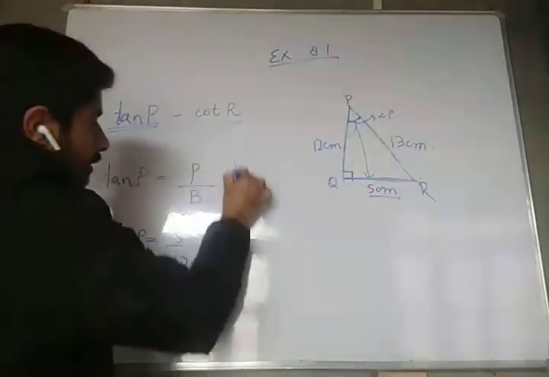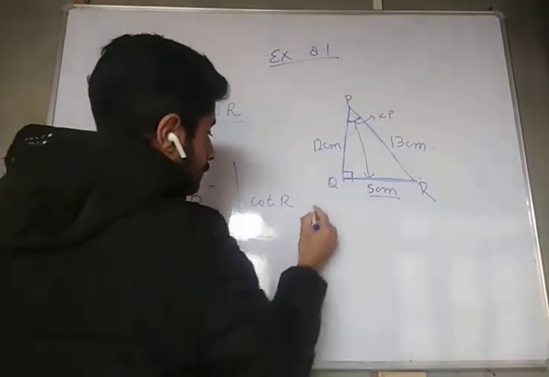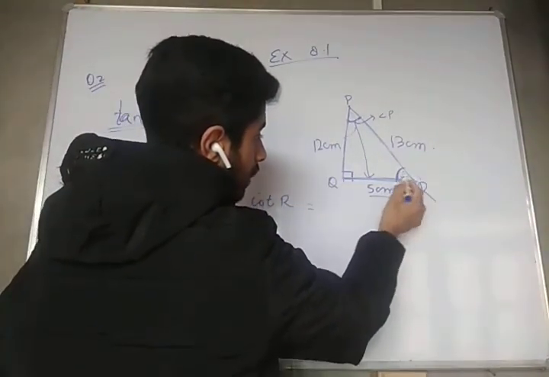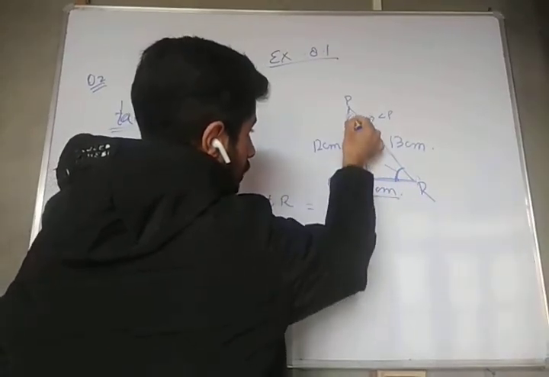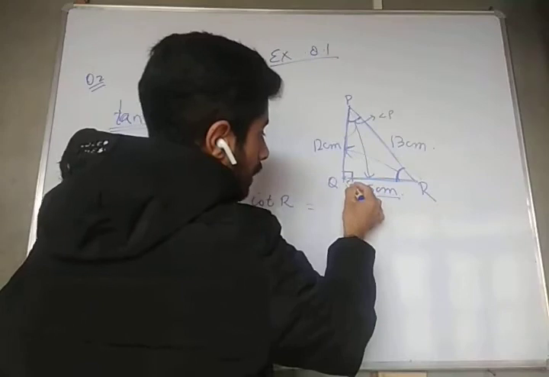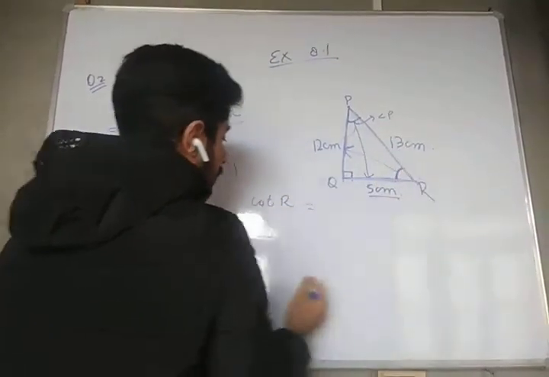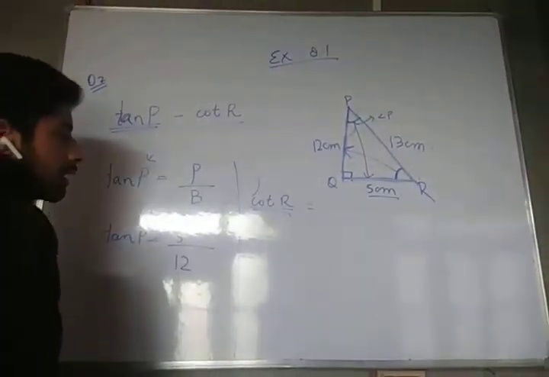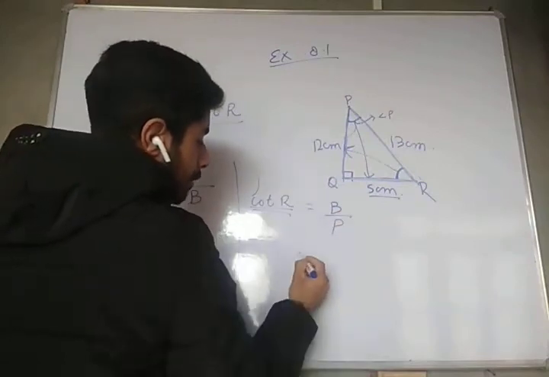And let us evaluate cot of R. Now our angle of consideration is R. The side opposite to this one is our perpendicular, and this will be our base, and the hypotenuse is the same. Now cot R, as you know, is just the inverse of tan. So it is equal to base by perpendicular.